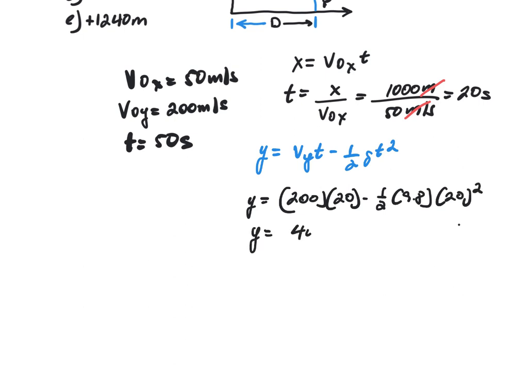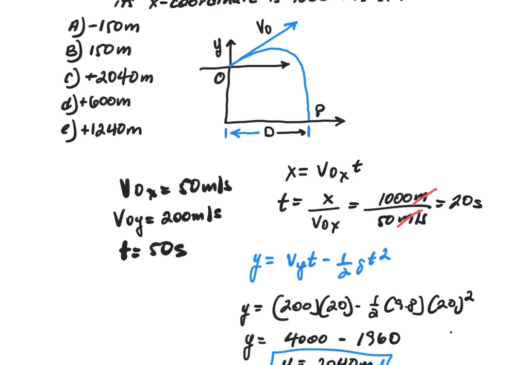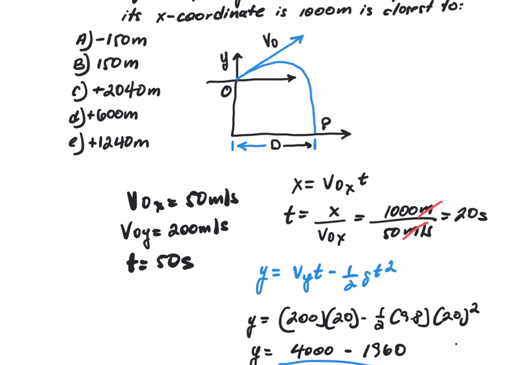It's gonna give us 4,000 minus, when you calculate all of this, 1,960. And when you subtract 4,000 minus 1,960, you will be left with 2,040 meters. So our final answer to this question is 2,040 meters, which corresponds to letter C.